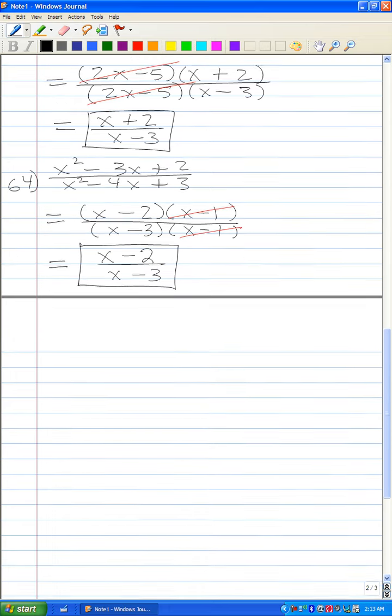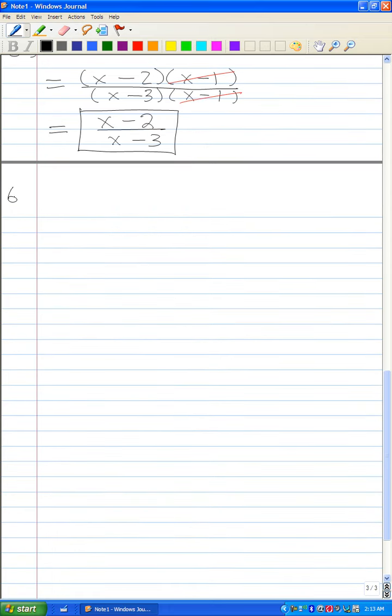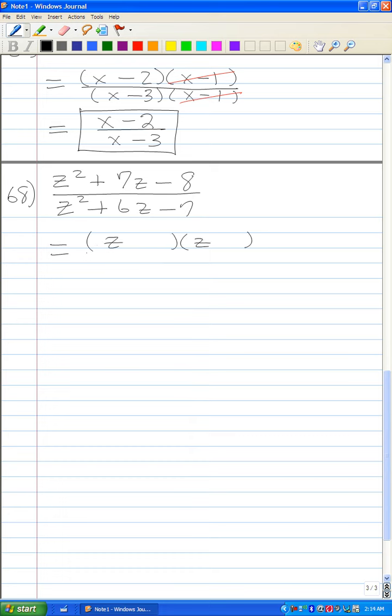Let me do problem number 68. z squared plus 7z minus 8 over z squared plus 6z minus 7. So let's factor this. Again, this is a monic polynomial, both for the numerator and denominator. I have a plus times minus is minus.